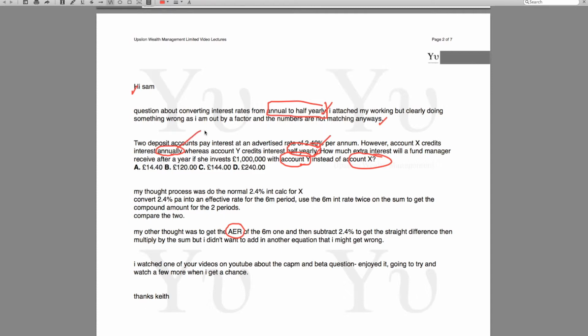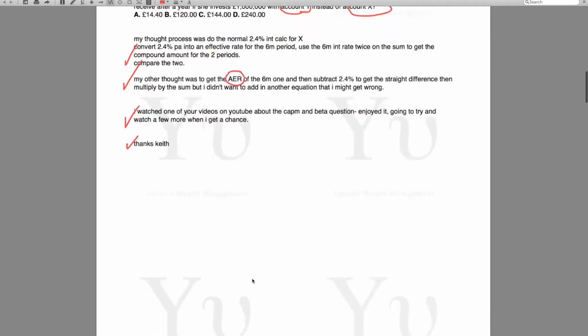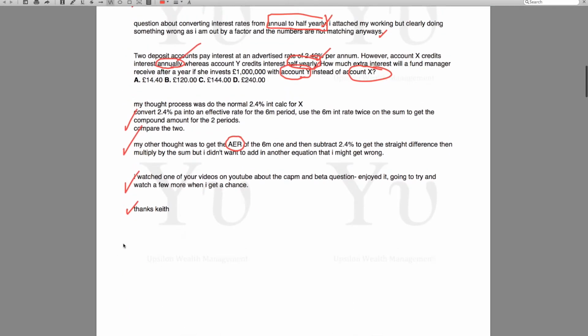Okay, so before I have a look at your workings, let's do a timeline. With X and Y, we know we're getting some money after 1 year, right? That's obvious. So when time equals 0, we're investing £1 million.